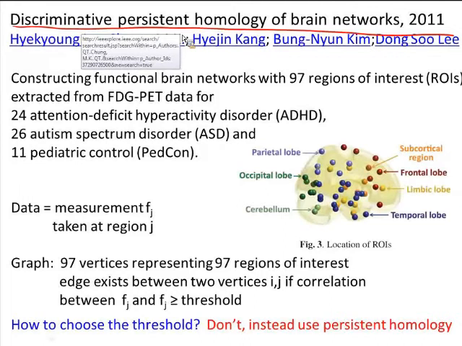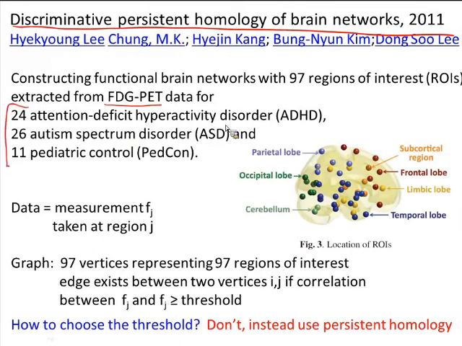Basically, they looked at this brain data for 24 children with hyperactivity, 26 children with autism spectrum disorder, and then they had a control group of 11 children. And they basically measured the glucose utilization at 97 different regions of interest. So there's 97 regions of interest in this particular study.